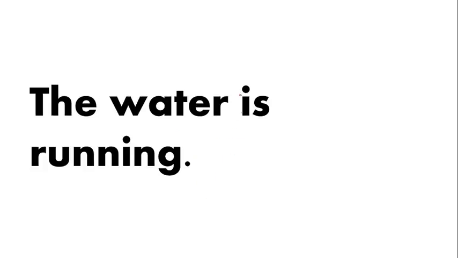Then here, the water is running. The verb here is what? Running. And do we have a direct object here? No, we don't, which makes it an intransitive verb also. Then here, she sells sampaguita flower. Our verb here is sells.